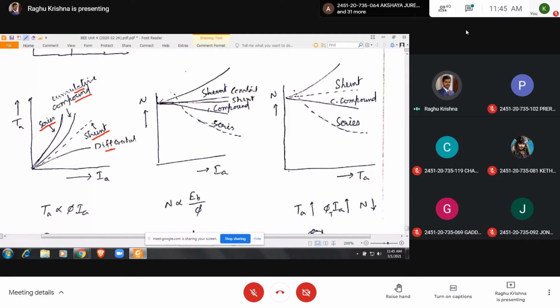This is the no load characteristics of a shunt motor. This is the no load speed, and for a shunt motor there is a slight decrease in the speed. This represents a constant speed. So these are the characteristics of a shunt motor.